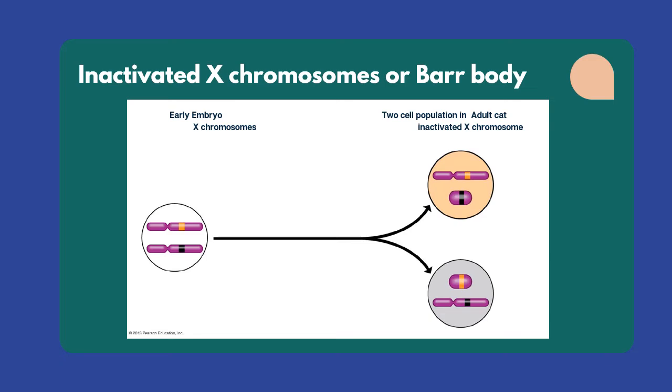But if the X chromosome inactivated carries the allele for black color, then the coat will appear orange. Once the X chromosome is inactivated or becomes a bar body in an embryo, all cells arising from that cell lineage will have the same inactive X chromosome.